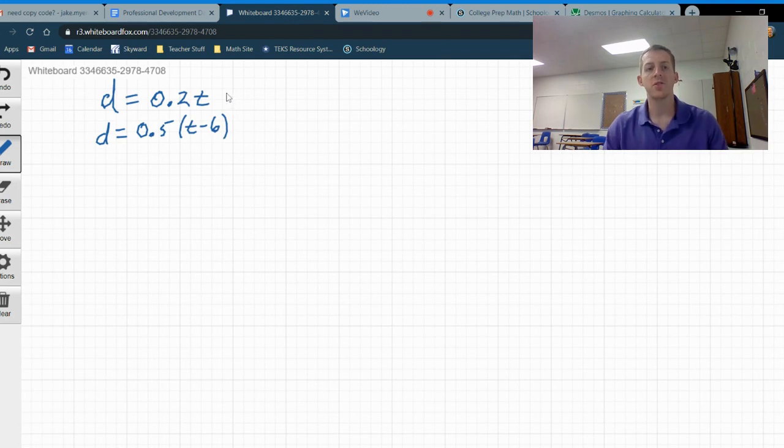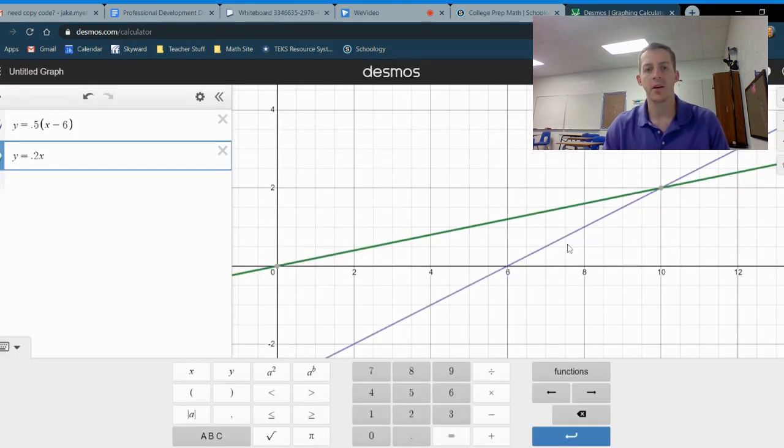Graphically, if I look at these two linear equations, I can put them here. My y is my dependent variable, that's the distance. My independent variable that will change is going to be the x, or the time. So time is running across here, and then the y is going to be my distance. So this green line here is my running speed.